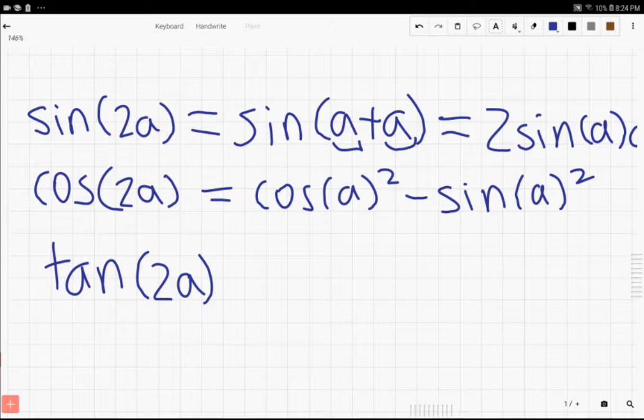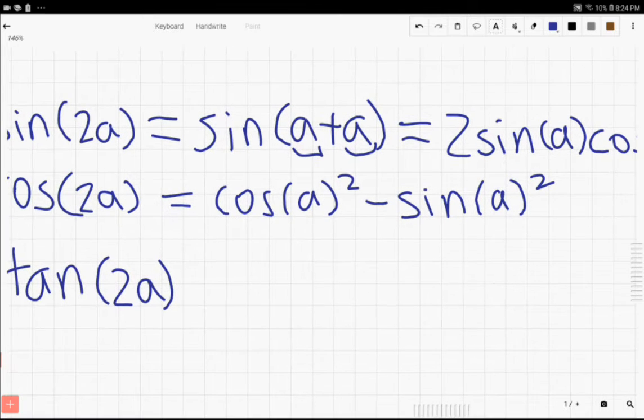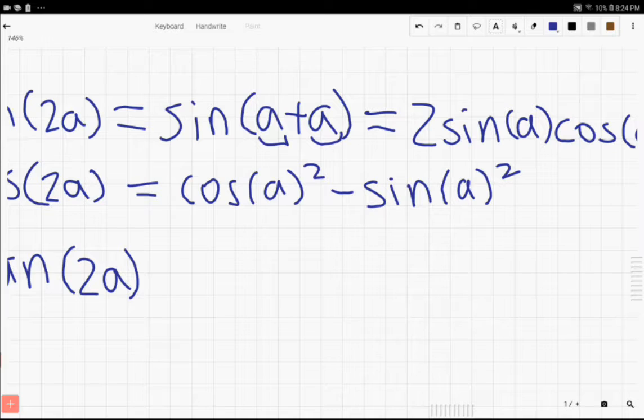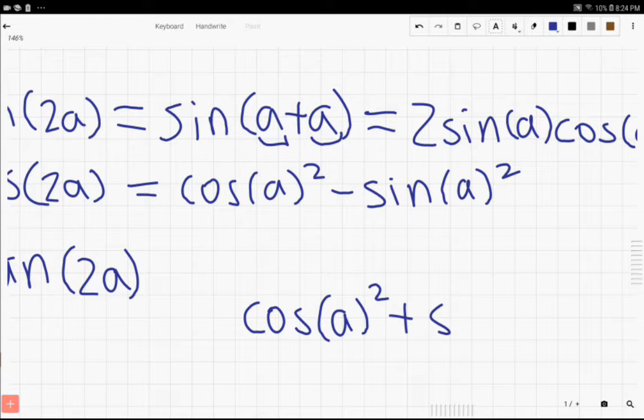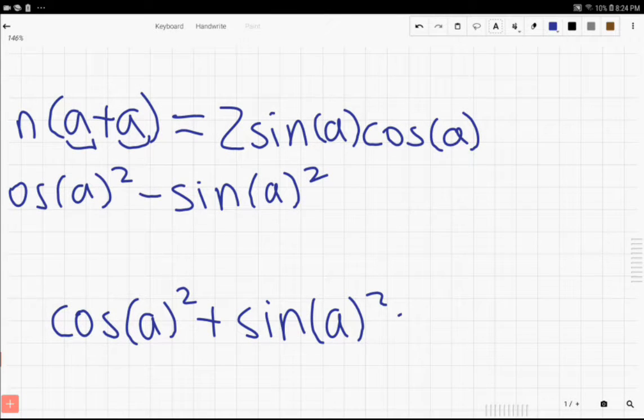Now for tangent of 2A, I'm also going to let you figure that out, or you can search that up yourself. Now, like I said, there are different ways to write these identities, and this is because of one of the most important trigonometric identities, which is cosine of A squared plus sine of A squared is equal to 1. And that's proved with the unit circle, and basically that's just the Pythagorean theorem.